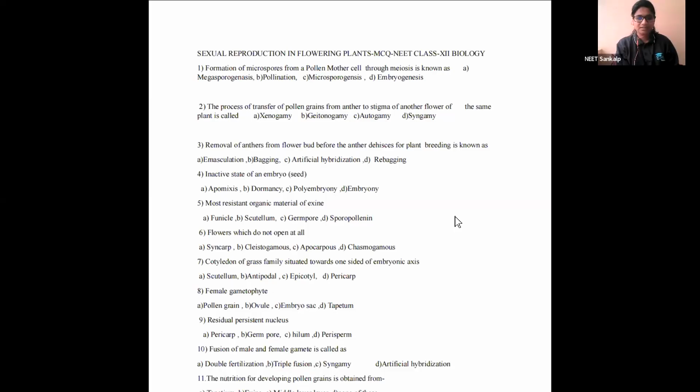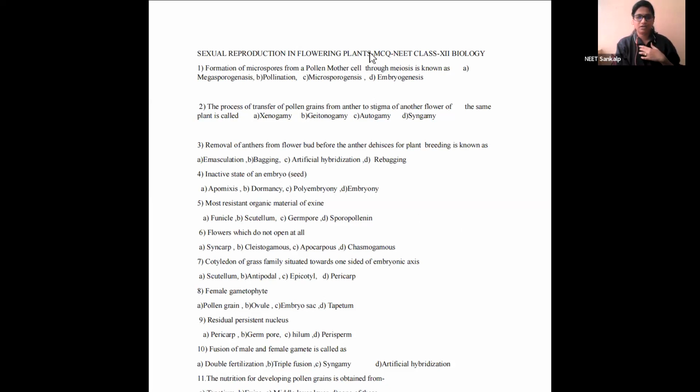Okay, seventh question goes like this. The cotyledon of the grass family is situated towards one side of the embryonic axis. What is this position called? Option A, scutellum; option B, antipodal; option C, epicotyl; option D, pericarp. Priyanka answered it, Anvita, Manju, and Jyoti.